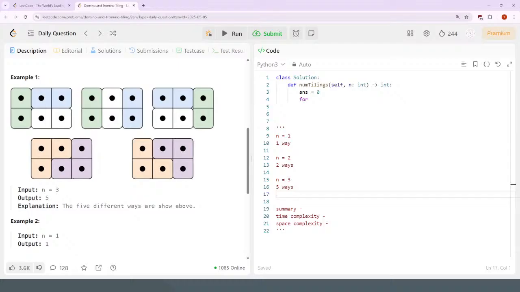So this is 5, which is equal to the previous ways plus a vertical domino.